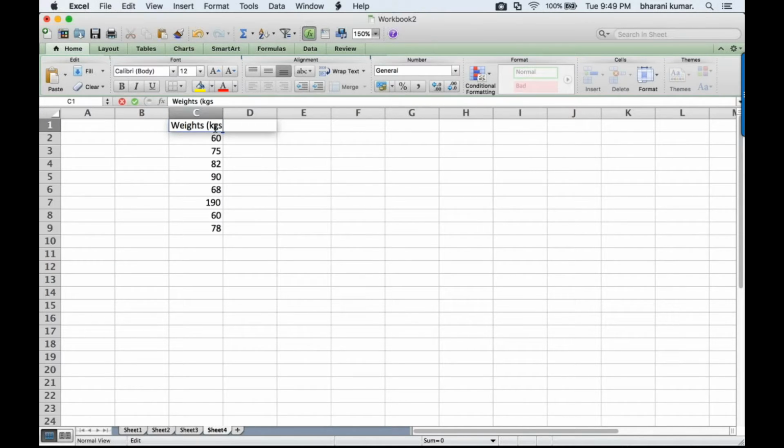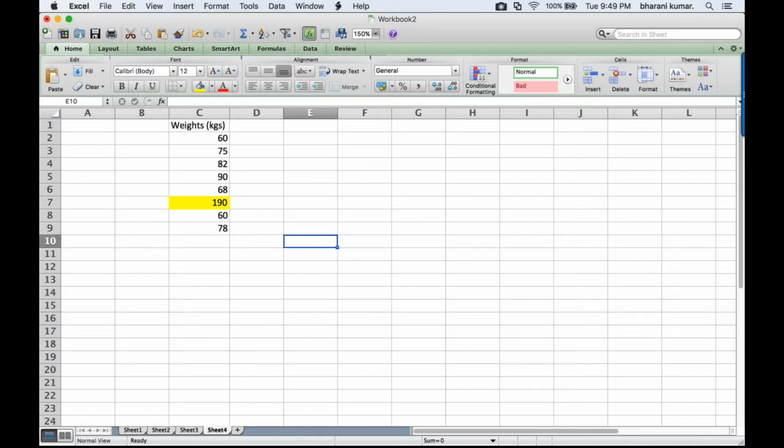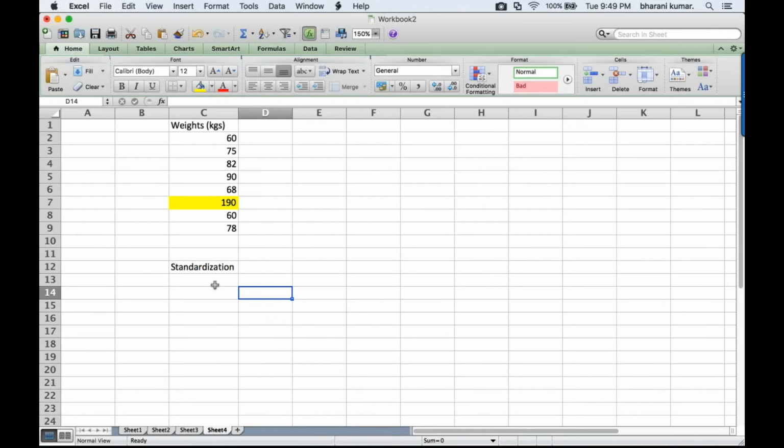Hence, to solve this kind of problem, we use a technique called standardization. How do we standardize the data? The formula is simple: Z equals x minus mu divided by sigma.